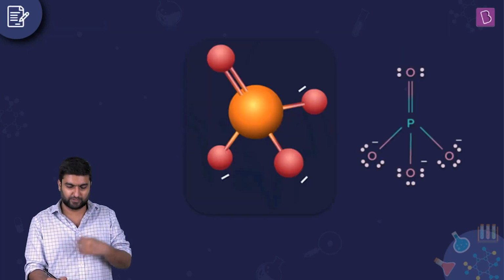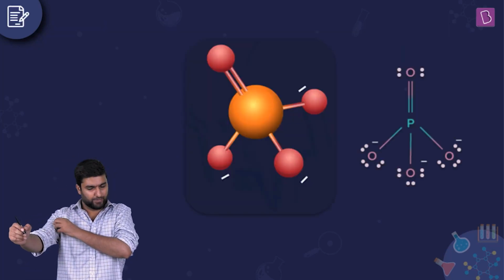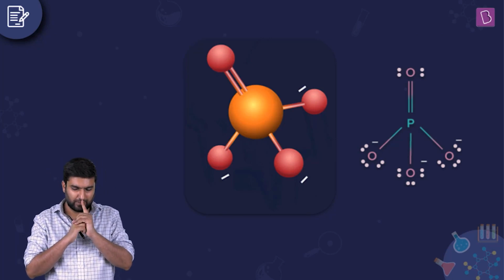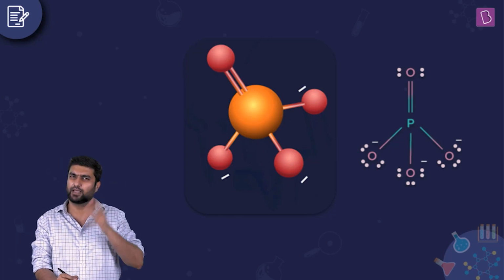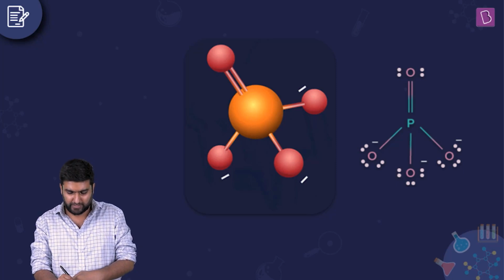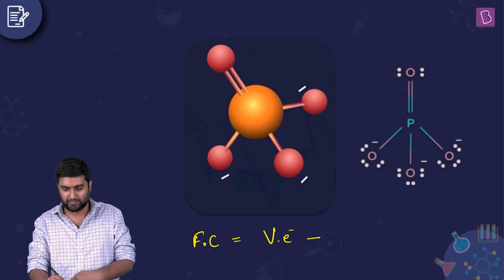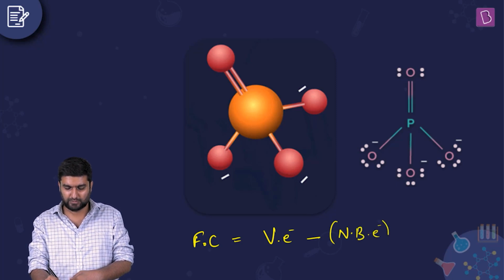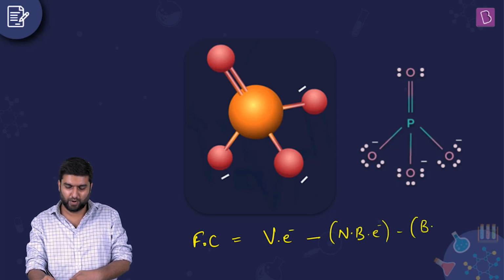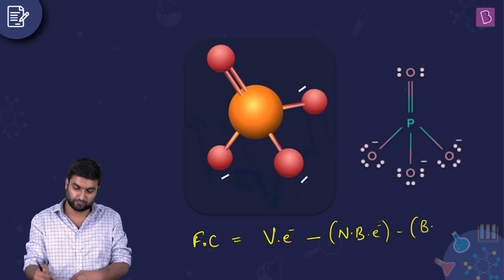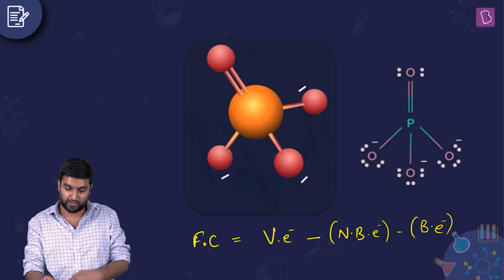Okay, so let's just look at it. Alright, so this is what we have. Now, isn't there some formula regarding formal charge? Right, formal charge is equal to the number of valence electrons minus the number of non-bonding electrons minus the number of bonding electrons divided by 2, right?